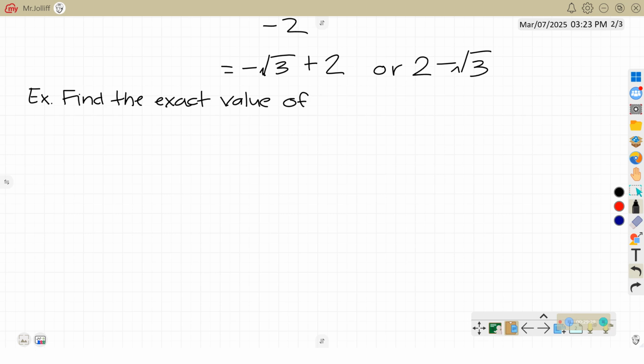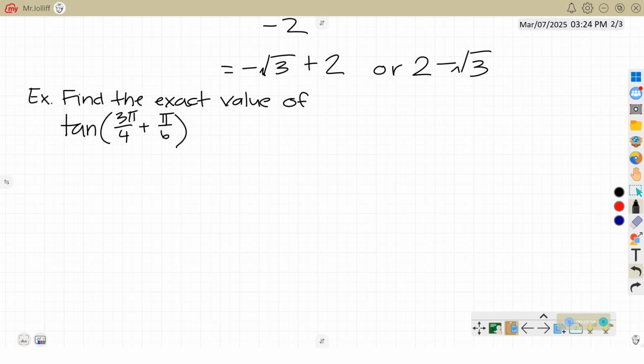All right, we're going to do tan of 3 pi over 4 plus pi over 6 for funsies. I want to find the exact value, that's telling me no calculator math.